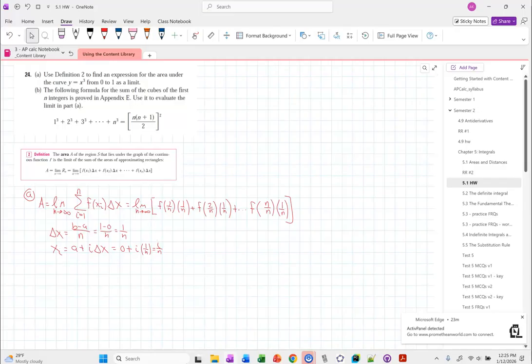It says then the following formula for the sum of cubes of the first n integers is provided. Oh, I bet I know what they want us to do. I bet they want us to evaluate the f. If y equals x cubed, then I have 1 over n cubed times 1 over n, and then 2 over n cubed times 1 over n.